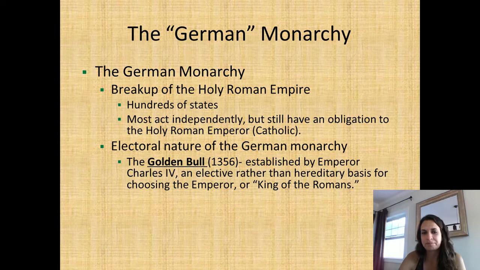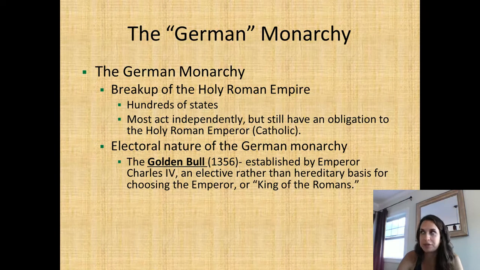It was Emperor Charles IV who came up with this, the Holy Roman Emperor Charles IV. And a bull, by the way, is a decree or a policy established by someone in authority, whether it's the Pope or an emperor. He basically said that rather than inheriting the position, we're going to have a body of electors choose the next emperor, whose official title was King of the Romans.